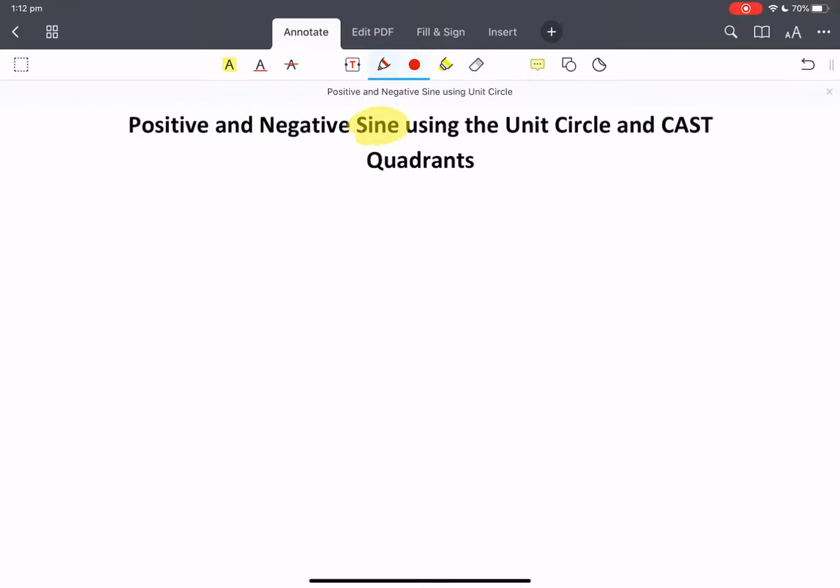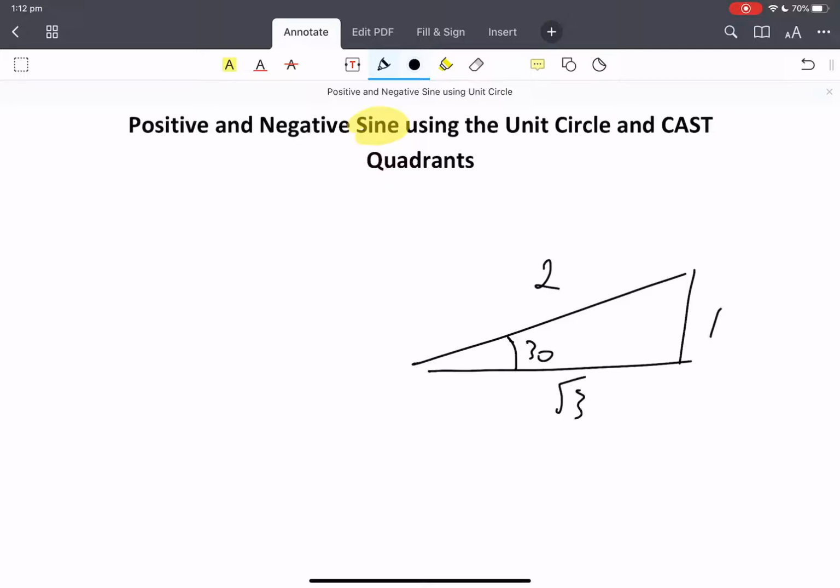Okay. Let's go to some understanding. Just because we can, 30 is an easy one. 1, 2, root 3. Sine theta is O on H. So sine 30 is 1 over 2.